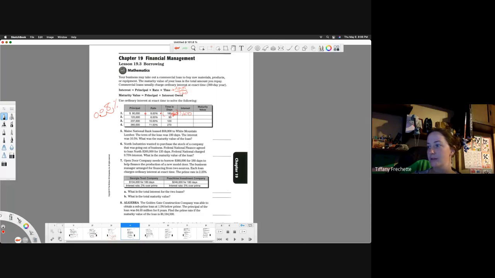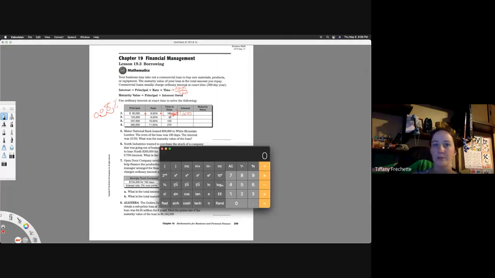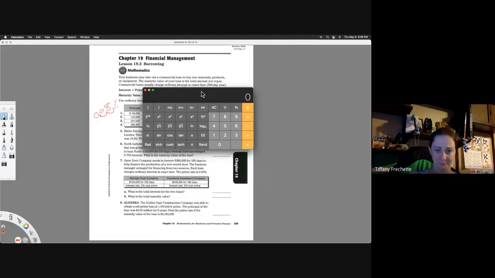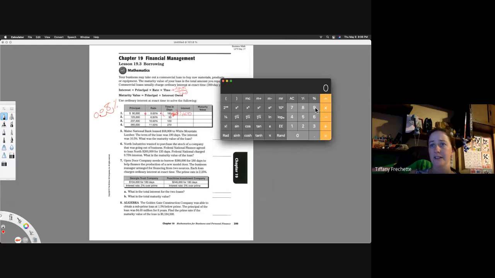And so here, really quick, I was going to grab a calculator and just show you what I mean on the percentage. So if I'm looking at this calculator here, I have 90,000 times 8%. It didn't show you moving it, so now it shows that percentage.